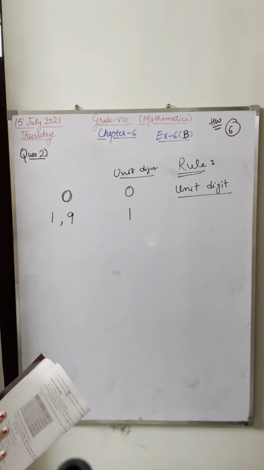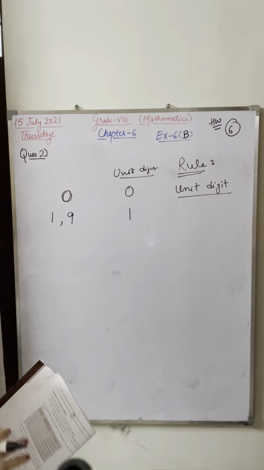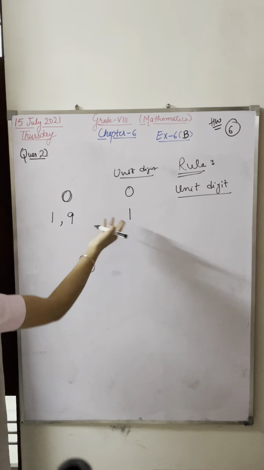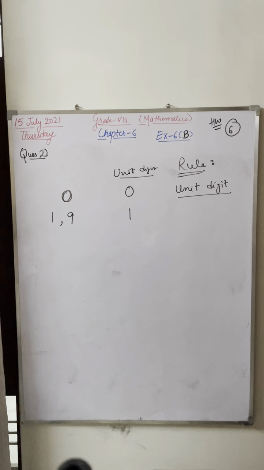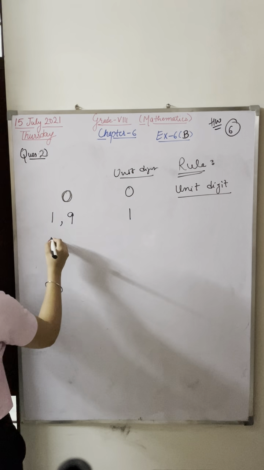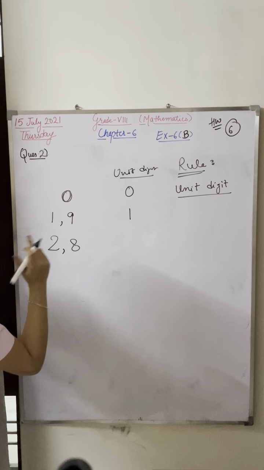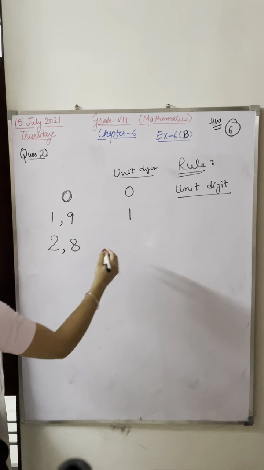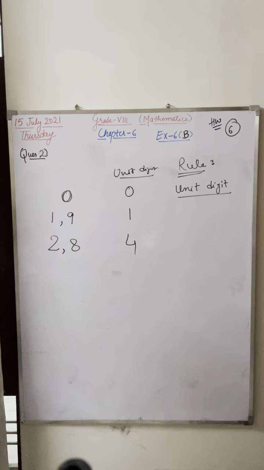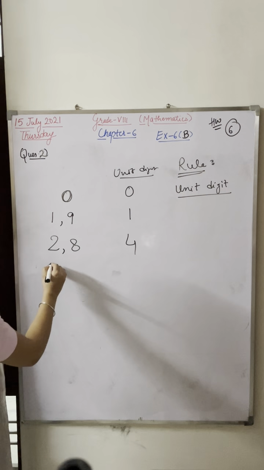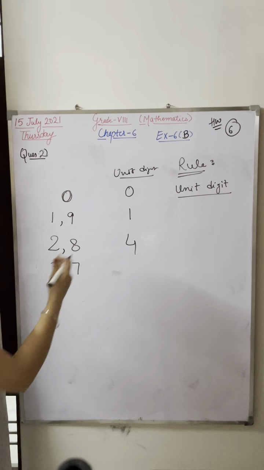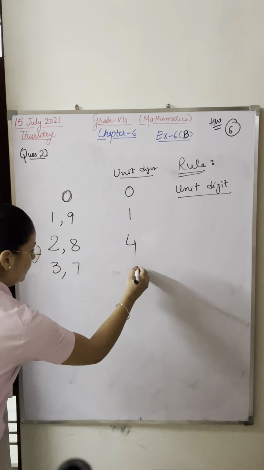These are the rules. You have to learn them, and don't ask me how this has come. Now if the last digit is 2 or 8, then the unit digit will be 4. If the last digit is 3 or 7, then the unit digit will be 9.